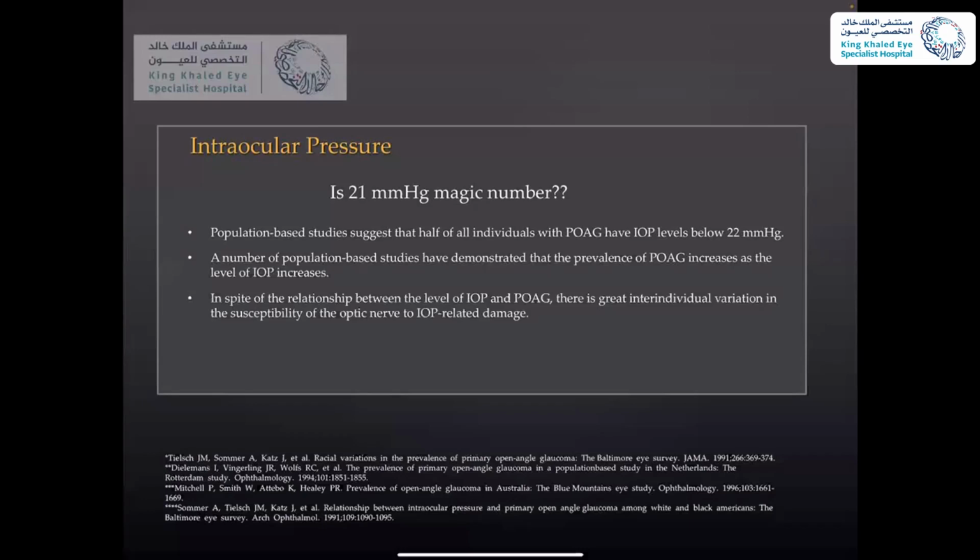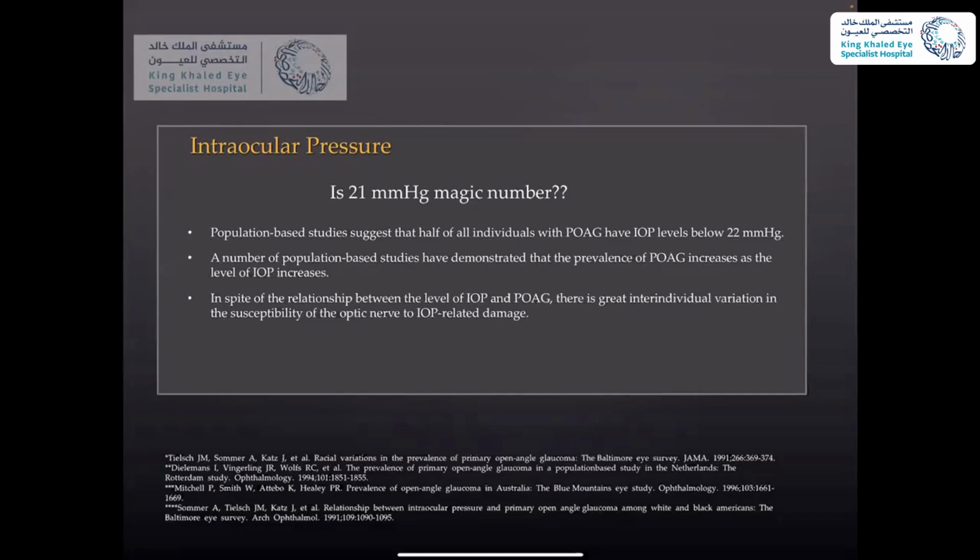So from this information, 21 IOP is not a good element to rely on only in screening patients. But also don't forget that other studies demonstrate that increasing IOP is associated with higher prevalence of primary open-angle glaucoma.